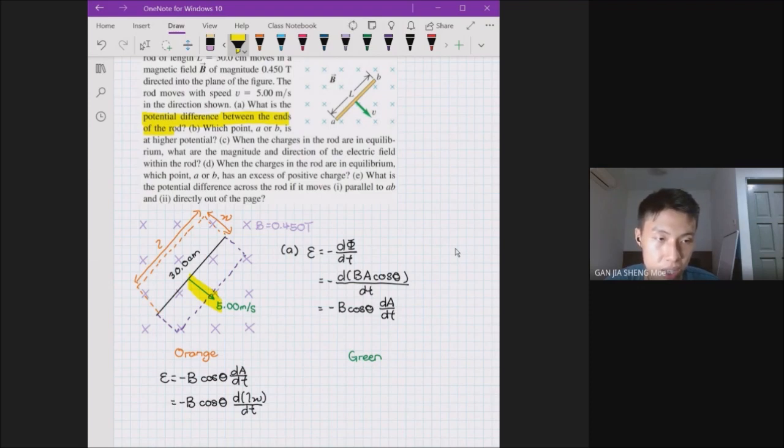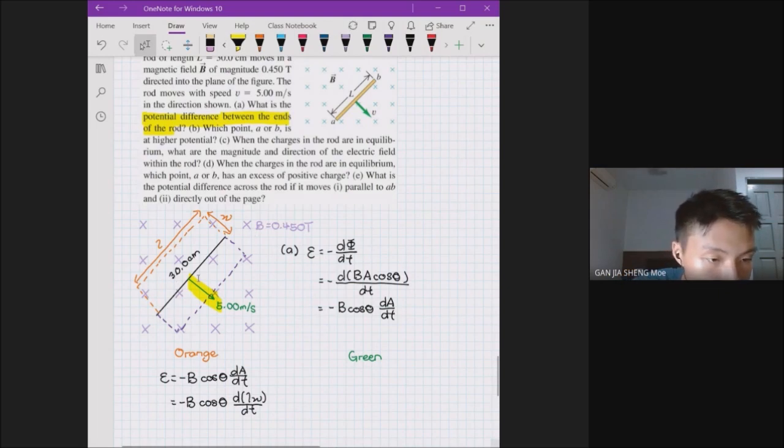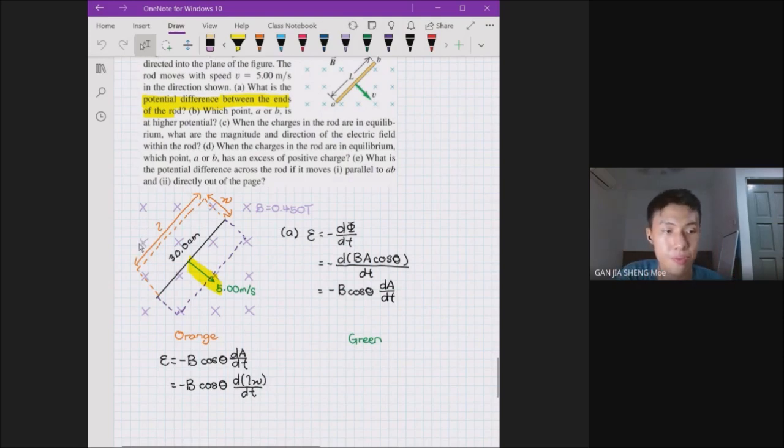The length remains constant, but the width of this imaginary loop will get larger and larger as the rod moves diagonally downwards.